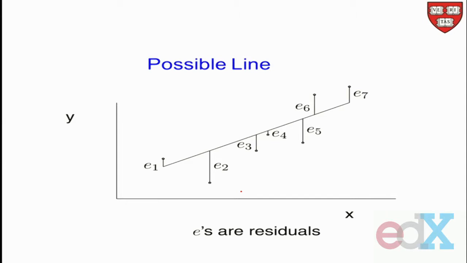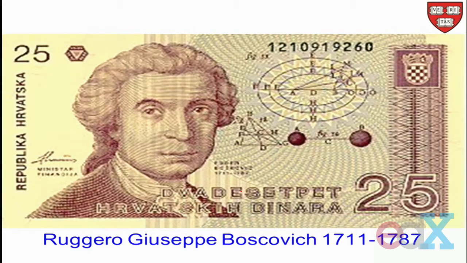Look at the absolute values of those residuals and make that as small as you can. And that was the brilliant idea of one Ruggero Giuseppe Boscovich. He was trying to estimate the distance to the moon, I believe, when he came up with this idea. Brilliant idea. And not only that, he showed us how to actually calculate it.